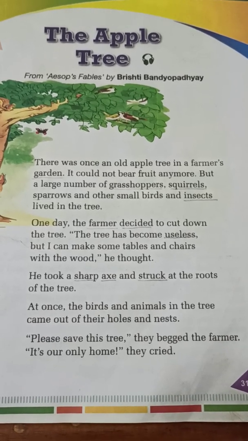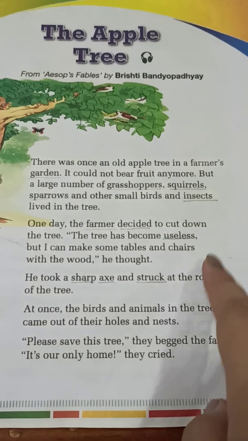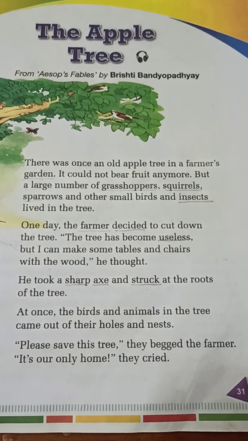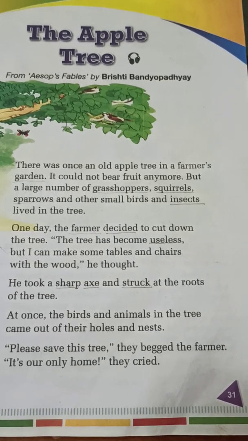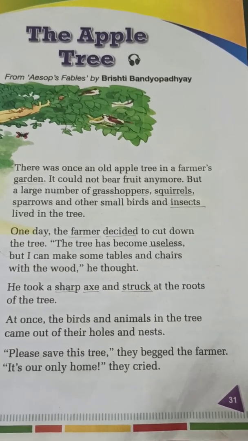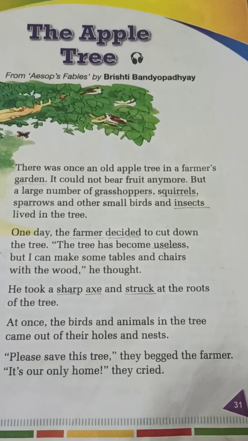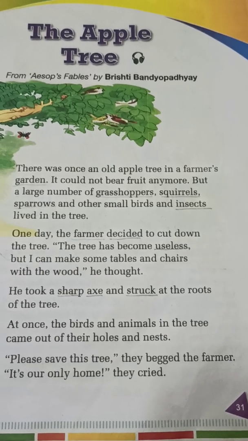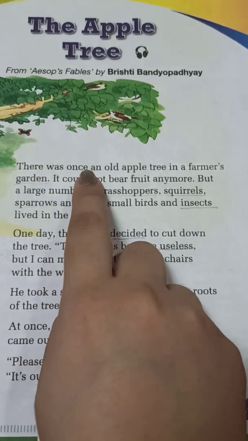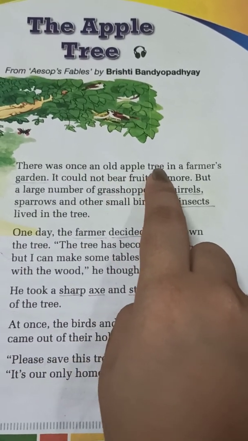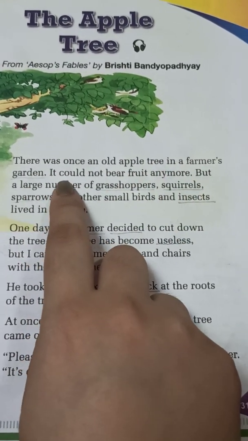The farmer in this story has a garden. You all know what a garden is. What is there in the garden? There is an old apple tree in the garden. There was once an old apple tree in a farmer's garden.